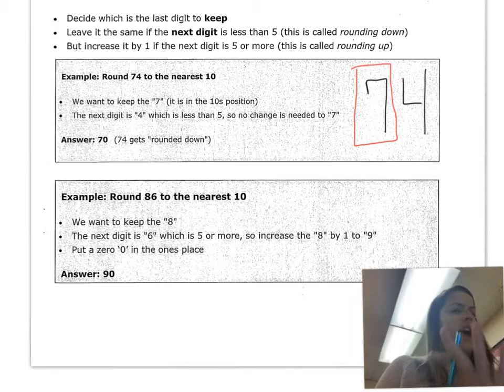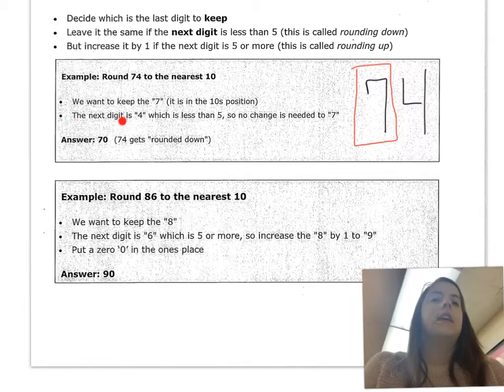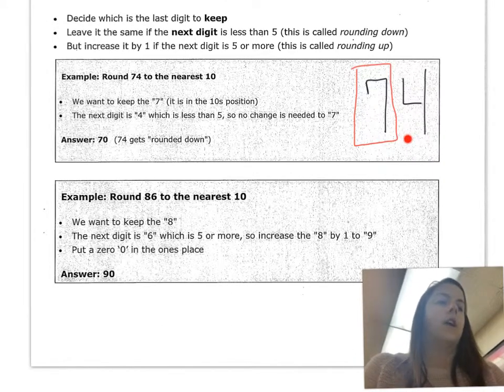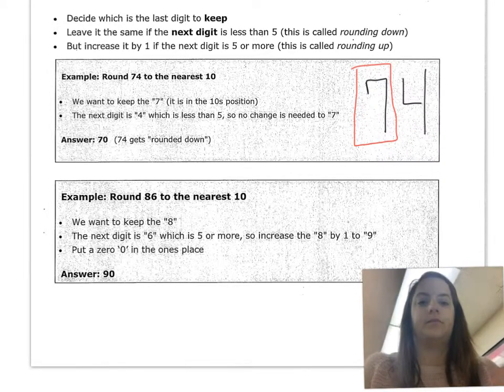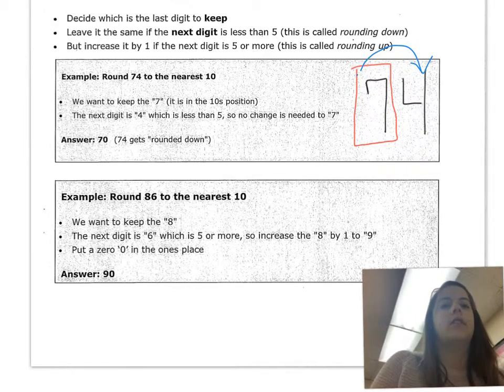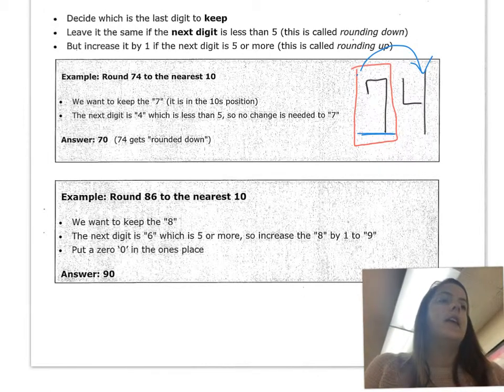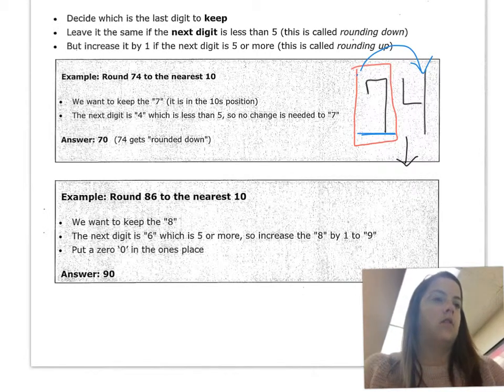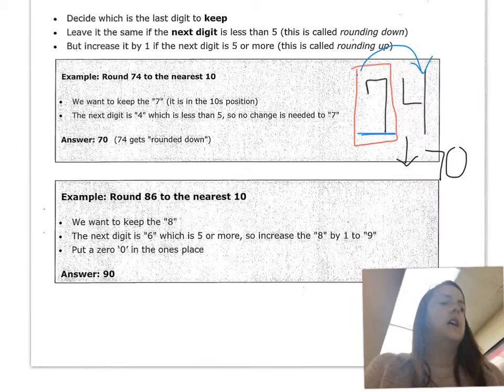The 7 is not going to change. The next digit is 4, which is less than 5, so no change to the 7. So the 7 is the number we're worried about. We look at the 4 because it's right next to it. This 4 is less than 5, so the 7 gets to stay, and we round down to 70.